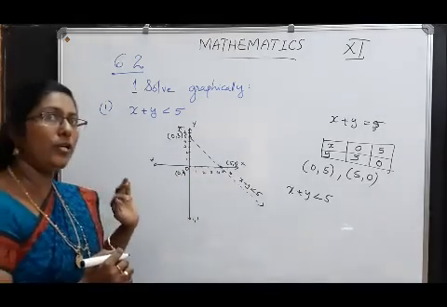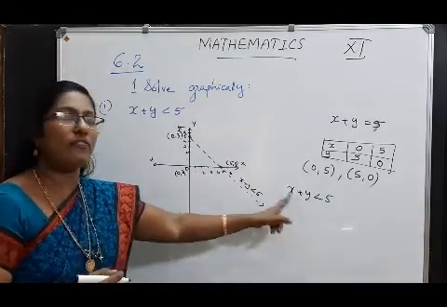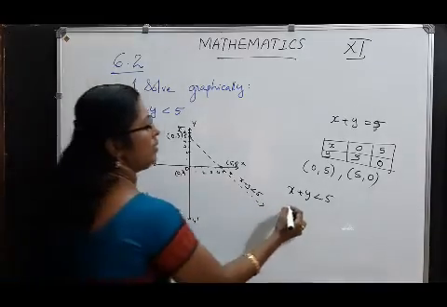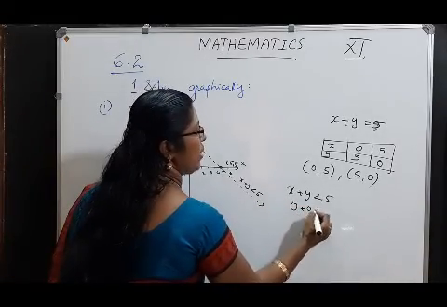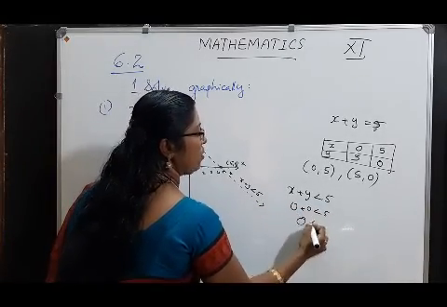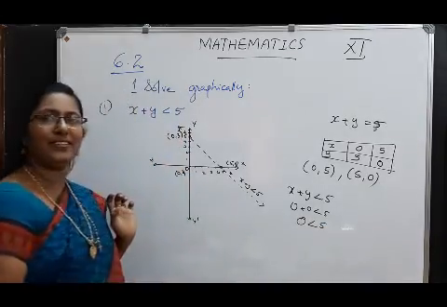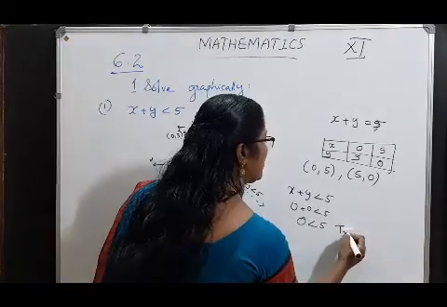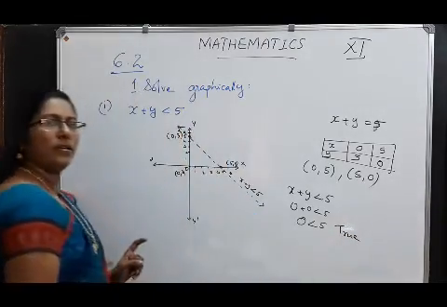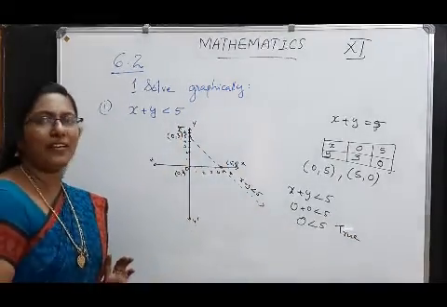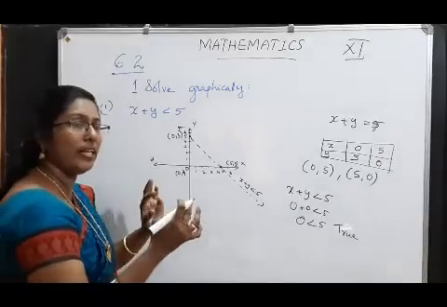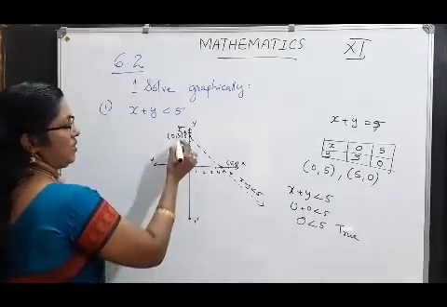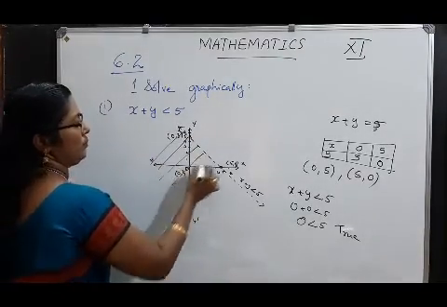So substitute 0 and 0 for x and y. 0 plus 0 less than 5, that means 0 less than 5. Yes, the statement is true. 0 is always less than 5. So our region includes this vertex, so this is our region.